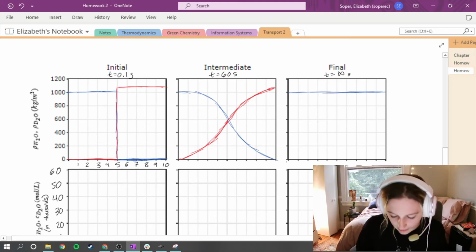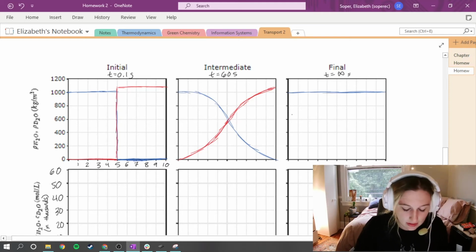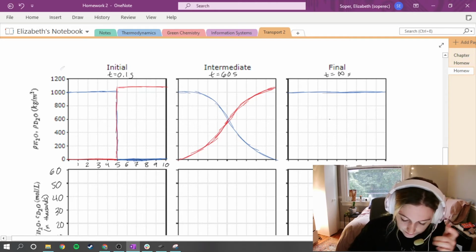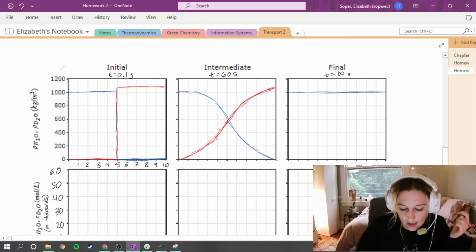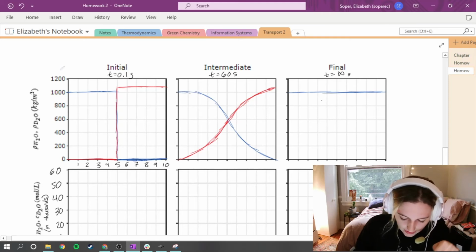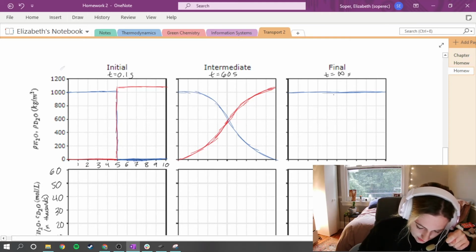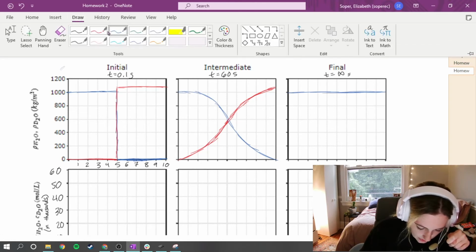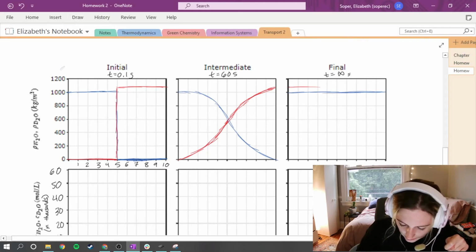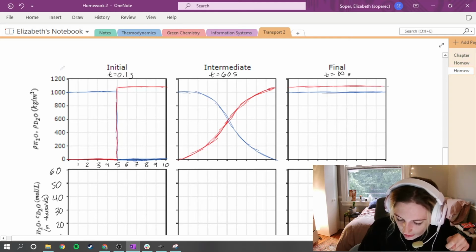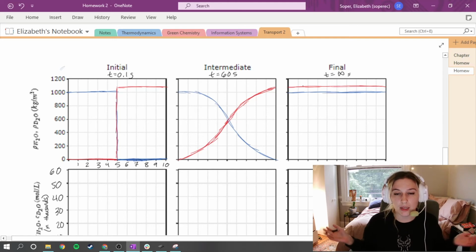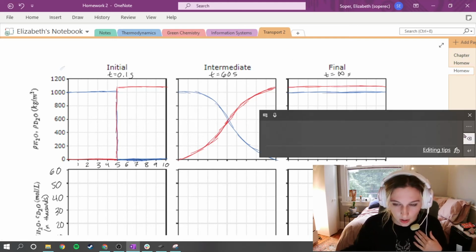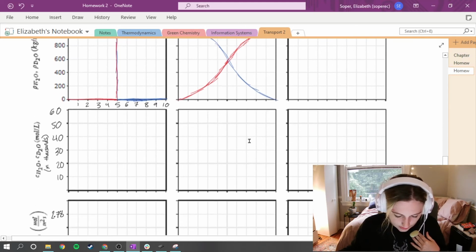Remember that the x-axis and the y-axis are the same as this first initial graph. The density is going to be 1,000 for water, and for D2O, it's going to be at that 1,110 point, across the whole capillary, because now they're all mixed together. Okay, so let's move on to the next one.